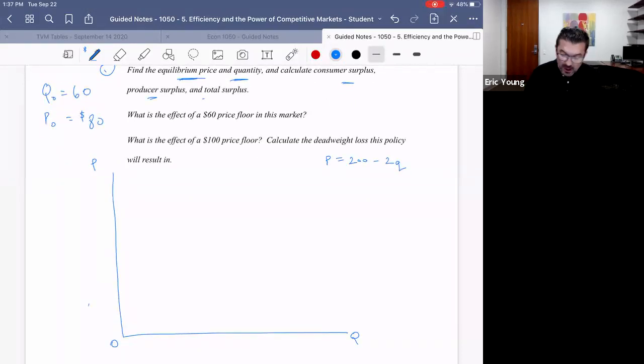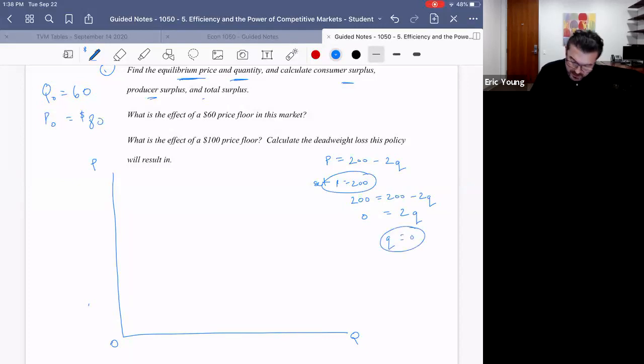You can set price at 200, and if price is 200, then 200 equals 200 minus 2Q, 0 equals 2Q, and you would know that at a price of 200, quantity equals 0. So at a price of, let's say, 200, quantity equals 0. So this would be 1 point on our demand curve.